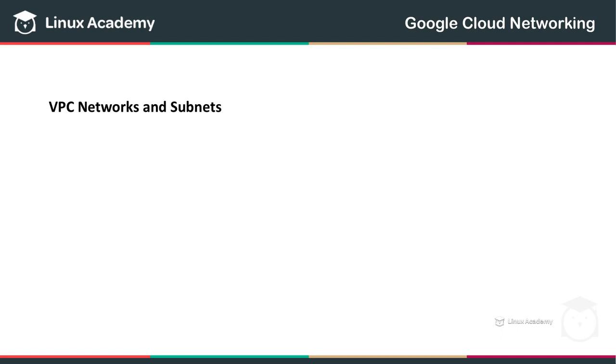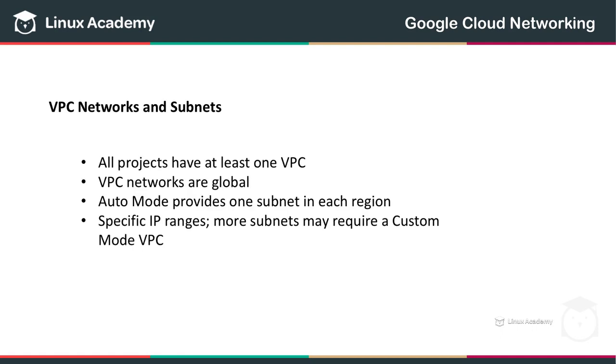Networks and subnets. So all projects have at least one VPC. And as I mentioned before, whenever you stand up a compute instance, you're going to be attached to at least a default VPC unless you specify another one. And if there is no VPC in existence, it will be created for you. It will be a default VPC. All right, VPC networks are global, like I mentioned before.